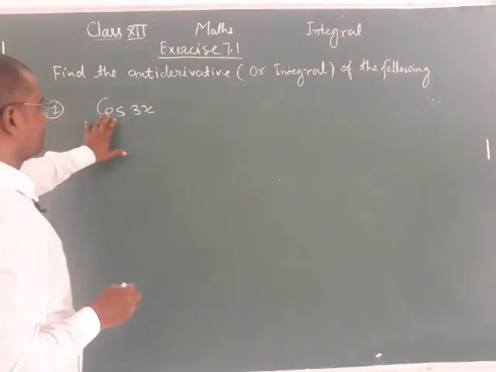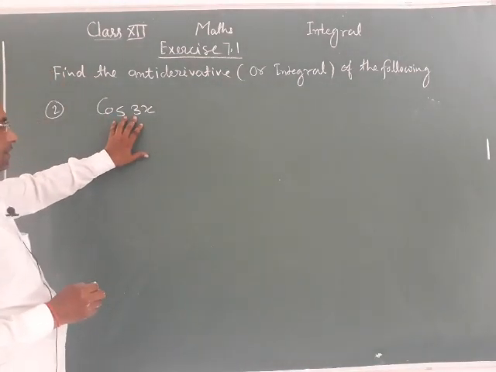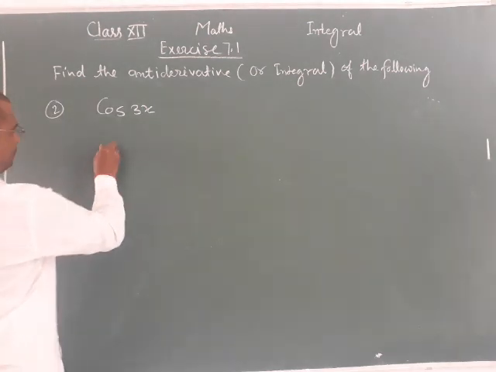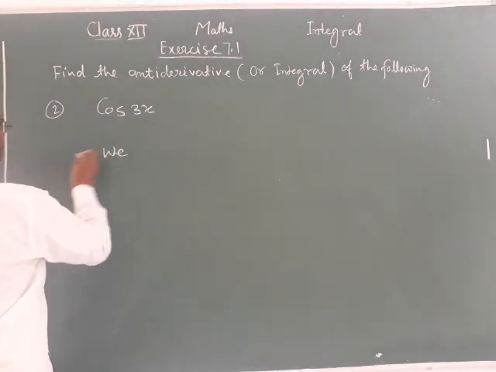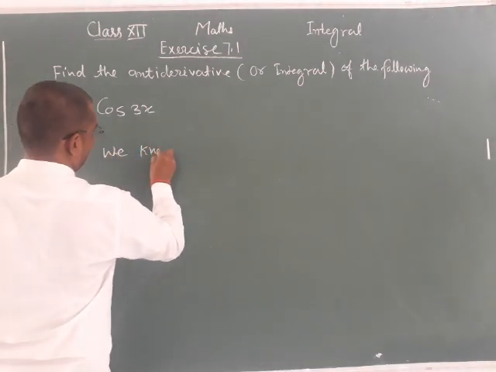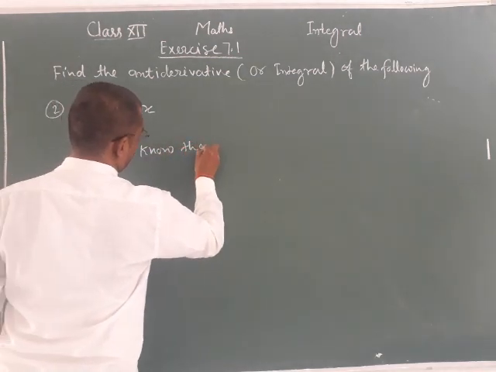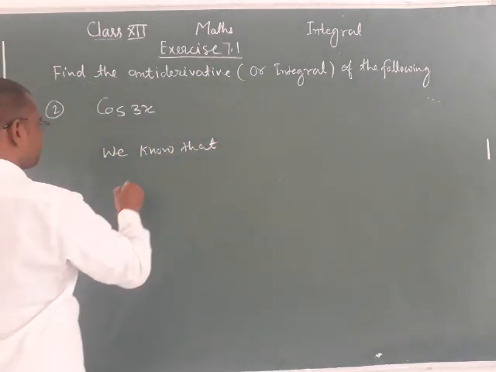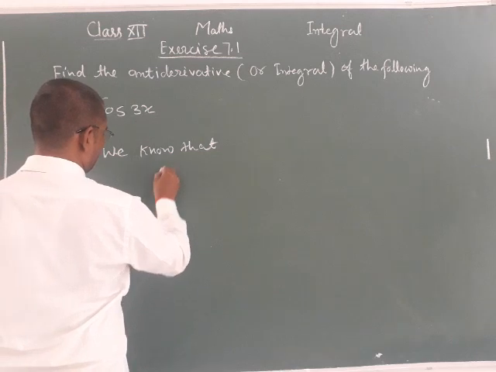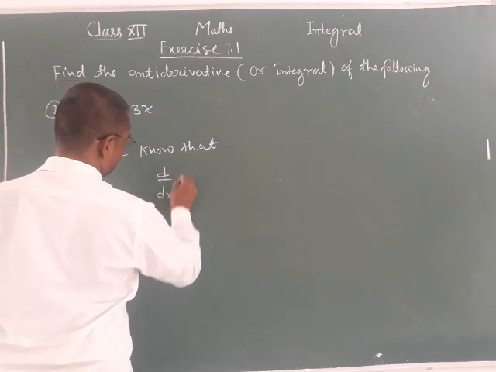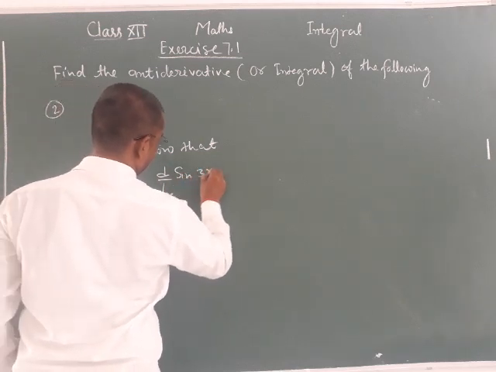Question number 2, cos 3x. So we know that d upon dx sine 3x.